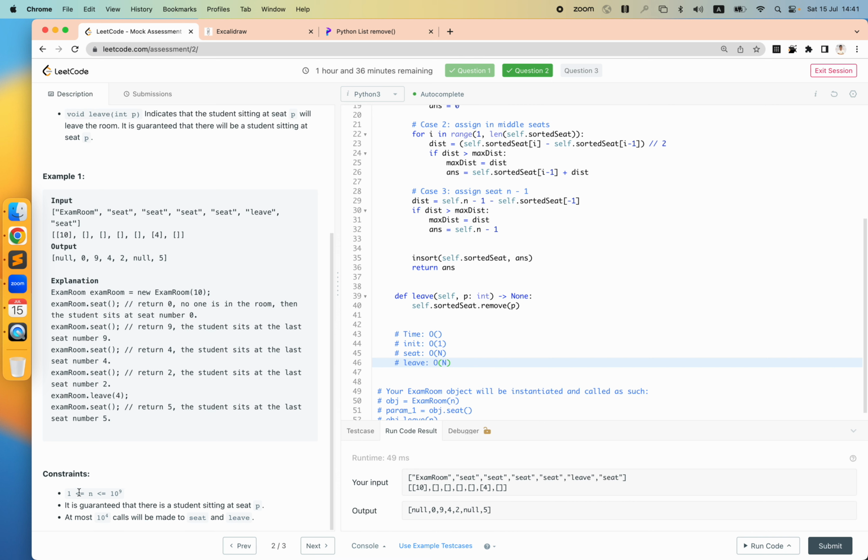Either way, this one is not O(N) but the number of added seeds. This seed will be less or equal to this one. This also, like the seed here, is less or equal to this one.